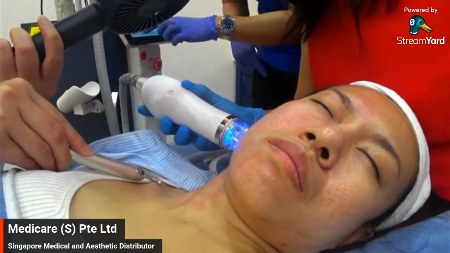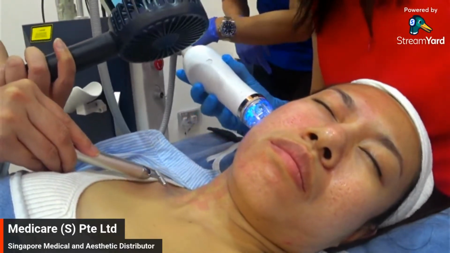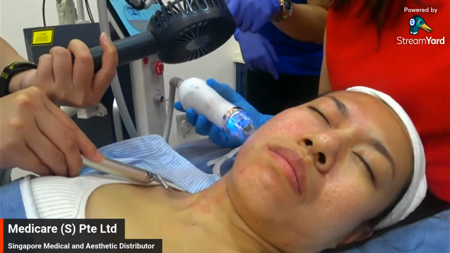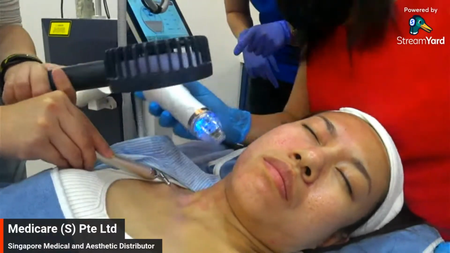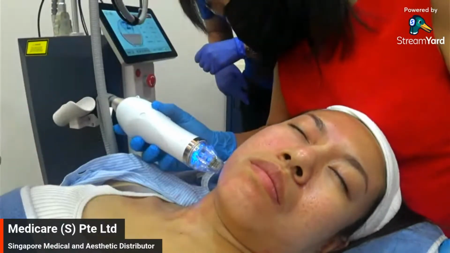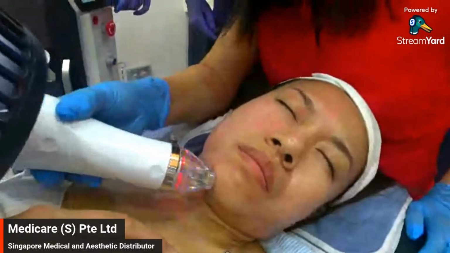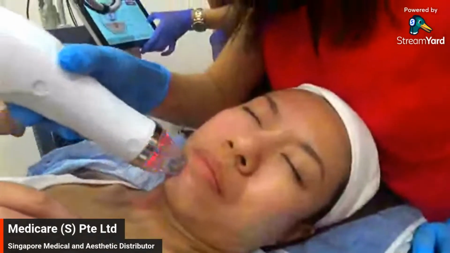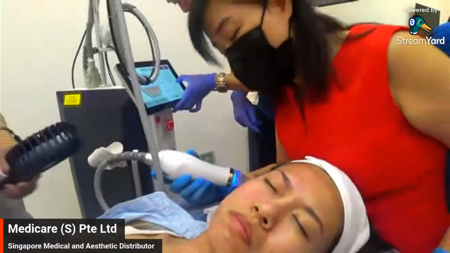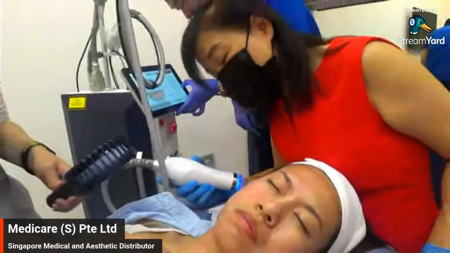I'm going to touch up the lower face, and I just increase the energy a little bit. I touch up until there are no spots. Just touch up the neck also.